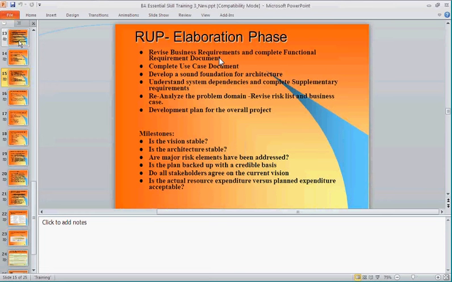So we will reevaluate our risks and see if we've introduced a new risk. If we've introduced a new risk, then we must figure out a way to mitigate that as well. And old risks, of course, we should have found a way to work around them or to mitigate them. All right?